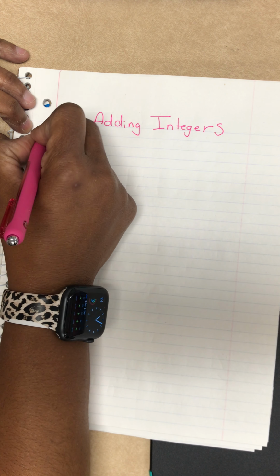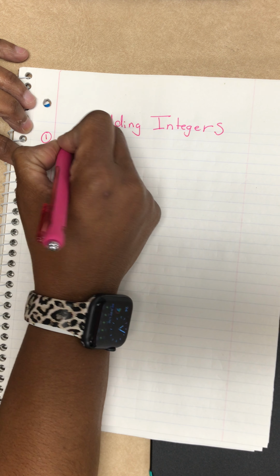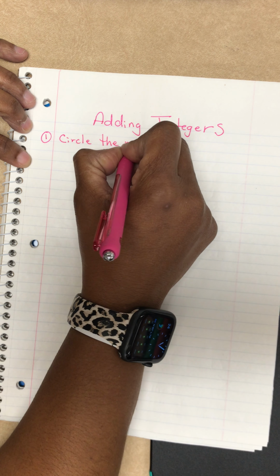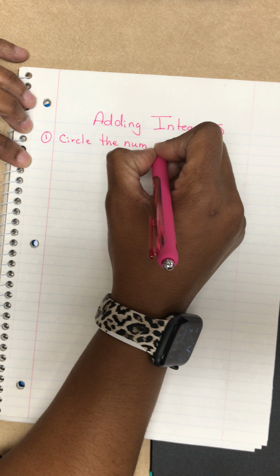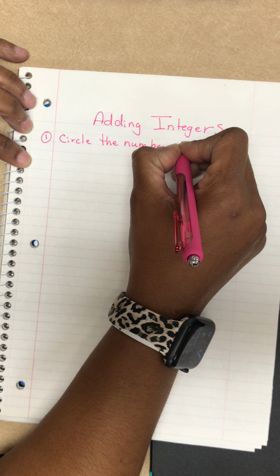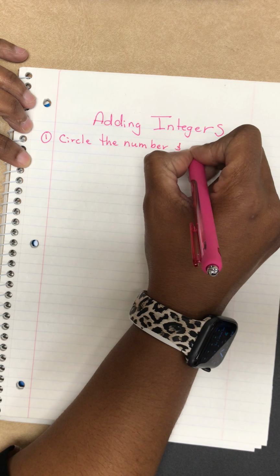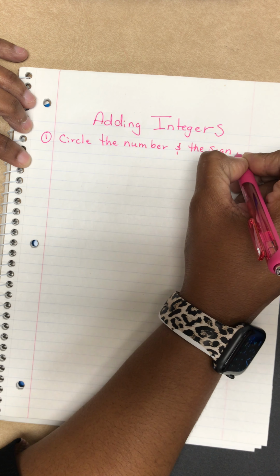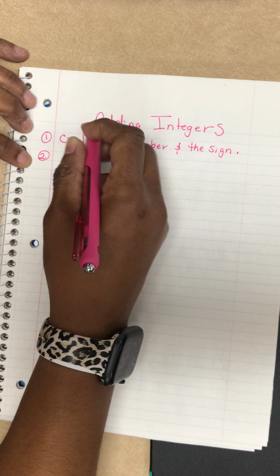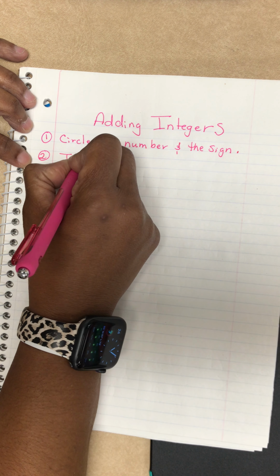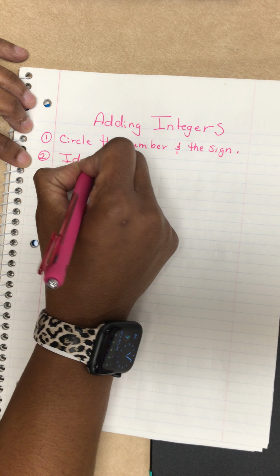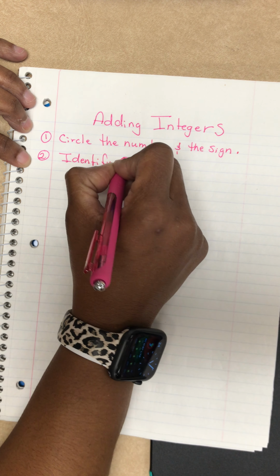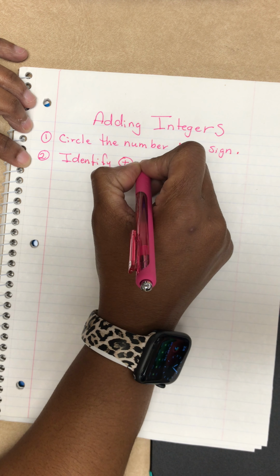So first step, one way of doing it is circle the number and the sign. Step 2, identify the signs.